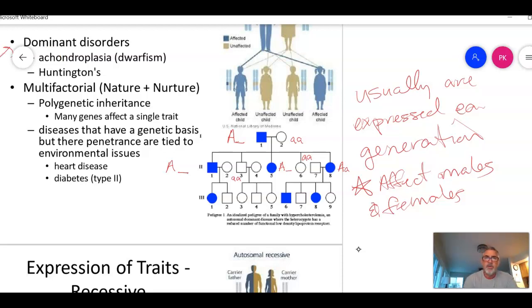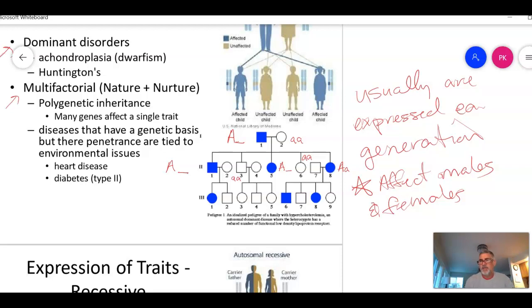Okay, so usually they're passed because you only need one allele. We talk about multifactorial. Remember, penetrance is the effect of this disorder, or how often it occurs. So multifactorial, nature and nurture. Remember, we talked about that a little bit. So polygenic inheritance causes multifactorial. Many genes affect a single trait, right? A disease that has a genetic basis, but penetrance is tied to environmental issues: heart disease, diabetes type 2, or adult onset diabetes.